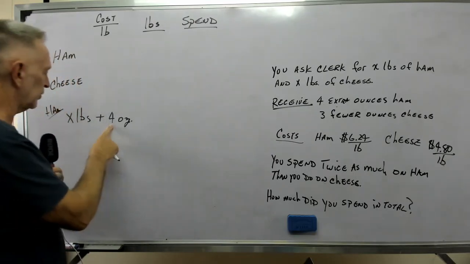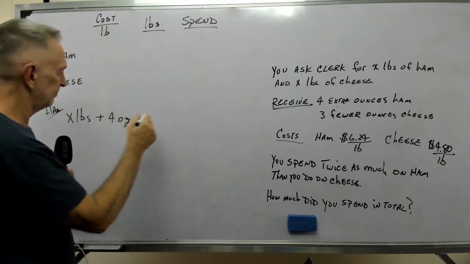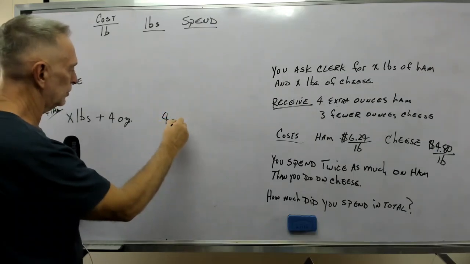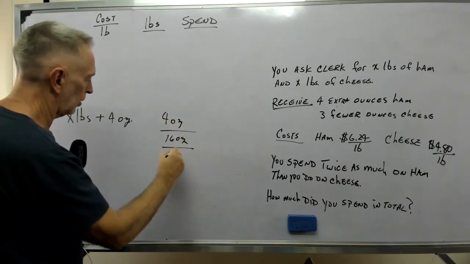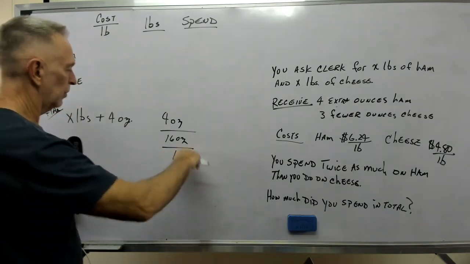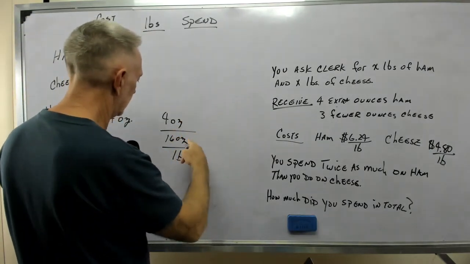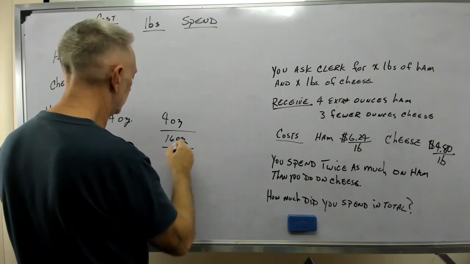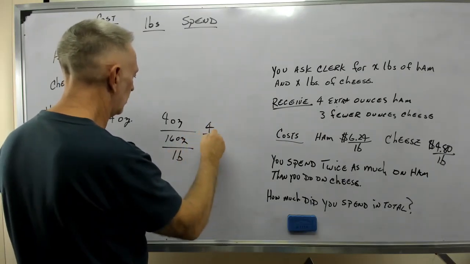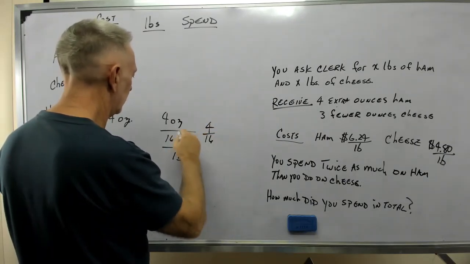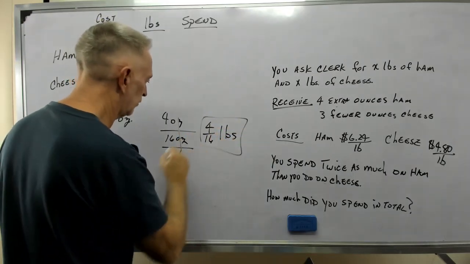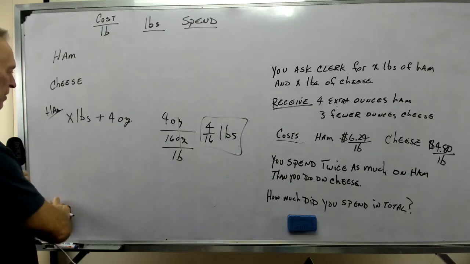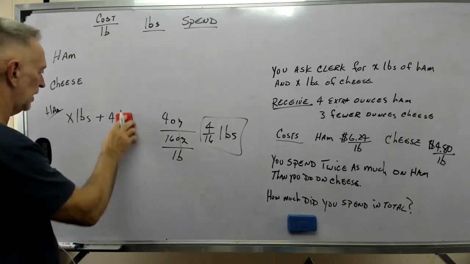This is 4/16 of a pound. We have 4 ounces and there's 16 ounces per pound, so we invert and multiply the units. We end up with 4 divided by 16. The ounces cancel and we end up with pounds. So that's 4/16 pound.